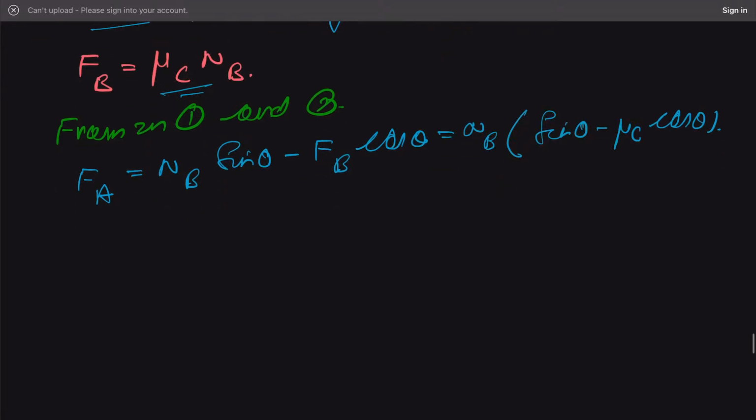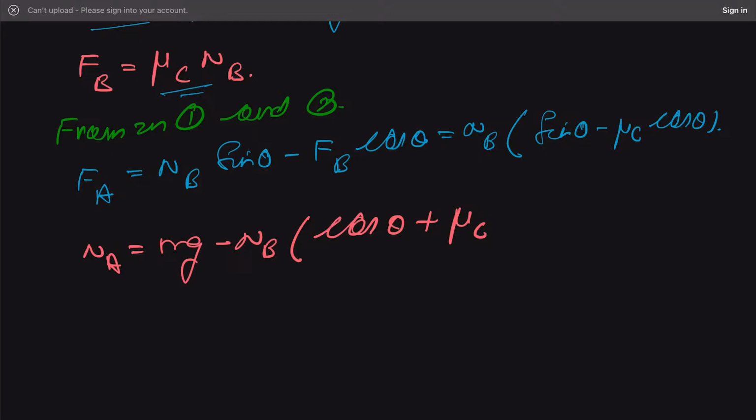And similarly, we can write that our N of A will be equal to mg minus N of B cos theta plus mu of C sine theta.